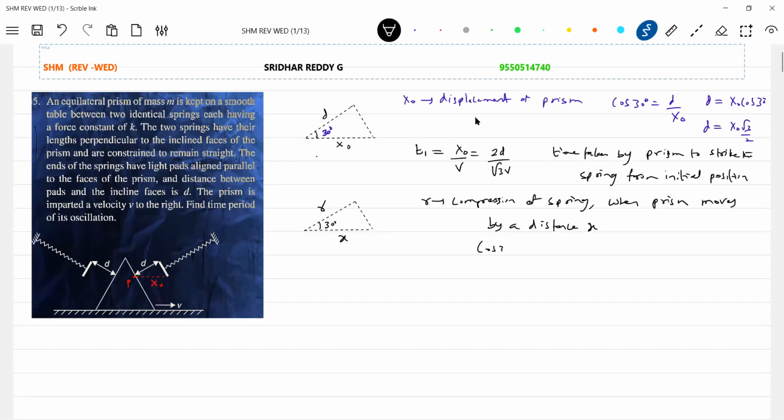Now again cos 30 equals R by x. I'm interested in the compression of the spring. So x should be equal to... we needed R, no.